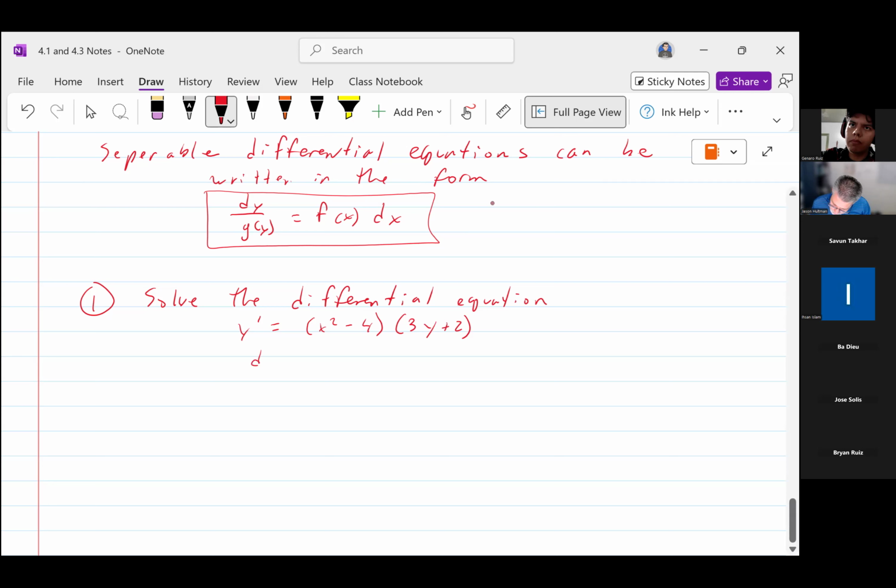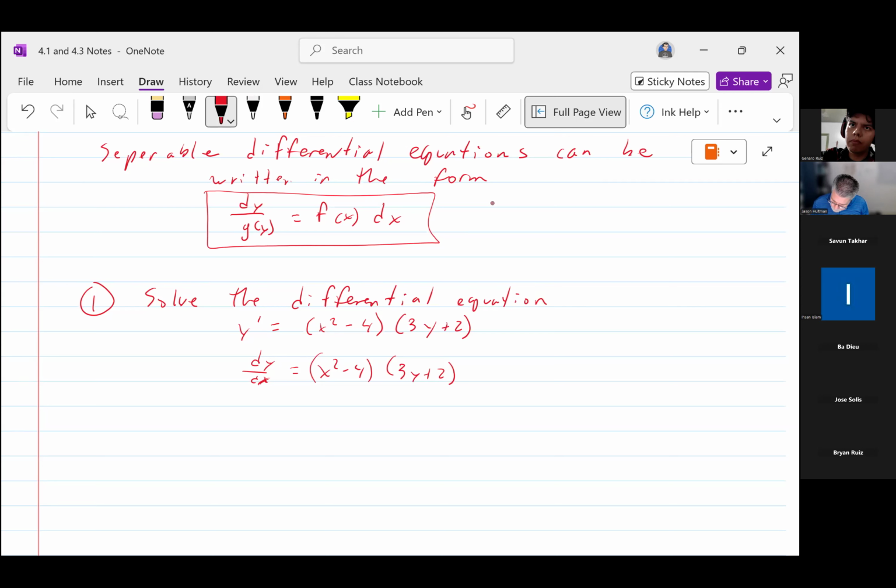So I want to write this as dy dx, put that in that notation, is equal to x squared minus 4 times 3y plus 2.